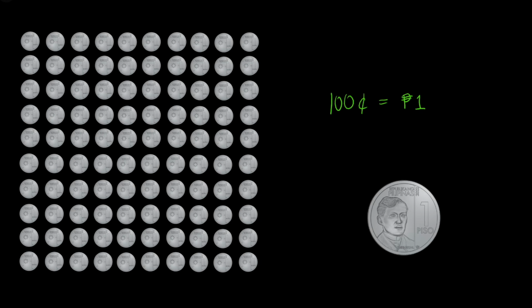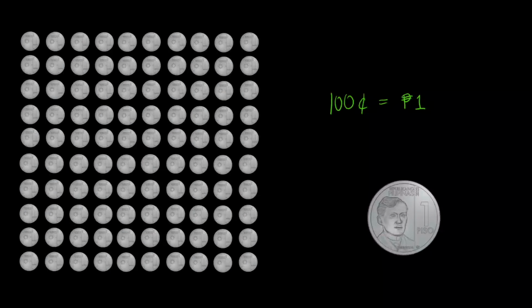So 100 pieces of 1 centavo coin is simply worth 100 centavos. And 100 centavos has the same value as 1 peso. So therefore, 100 pieces of 1 centavo coin is equivalent to 1 peso coin.